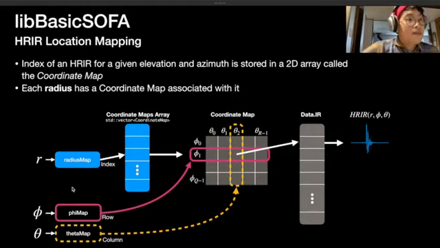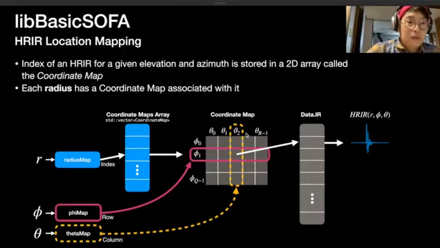When I pass in a coordinate, first the radius is extracted. The radius is a key for a std unordered map. Based on the radius value, it returns an index to what's called a coordinate map array. The index of an impulse response for a given elevation and azimuth is stored in a 2D array that I call the coordinate map.